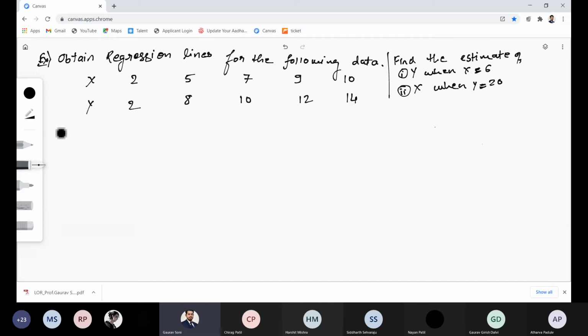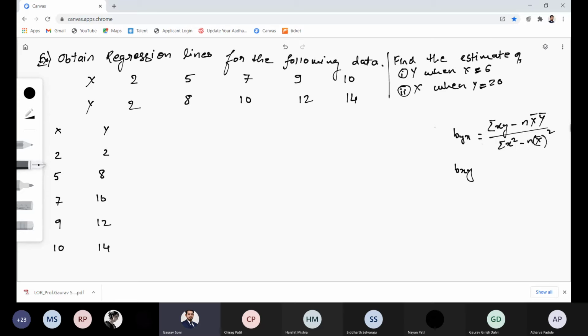Let's make the columns x, y: 2, 5, 7, 9, 10, and 2, 8, 10, 12, 14. What is the formula? byx and bxy. For byx, we have summation xy minus n times x bar y bar upon summation x square minus n times x bar square.